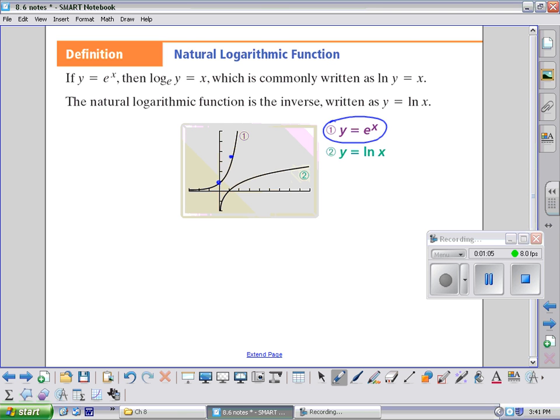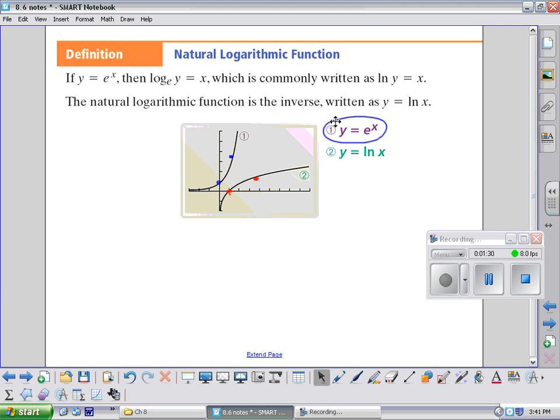Again, e is a number, it's not a variable. Its inverse exists, and we just change the x and y coordinates and get this picture here. Same thing here, 1 and 2.71. So this is y equals ln of x.